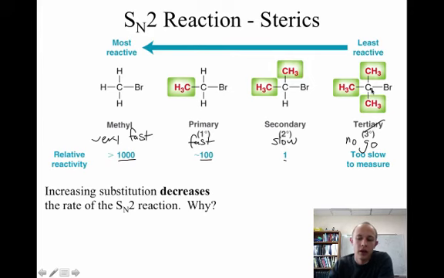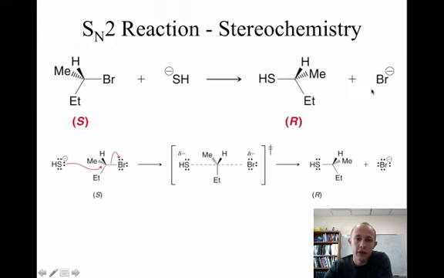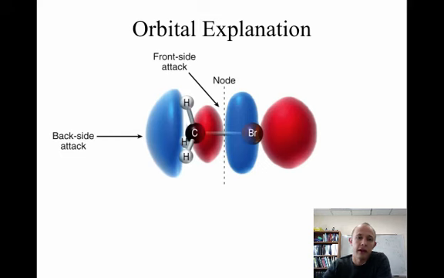Why would that be? Well, if we go to the previous slide, remember my nucleophile is trying to come in and attack this carbon. As we increase the size of these groups, the nucleophile, as it comes in, is going to be encountering those big groups that are surrounding the carbon and blocking its entry. That's called steric bulk.